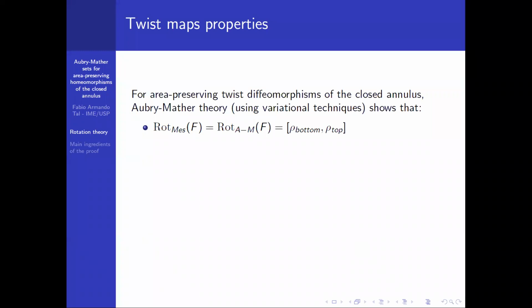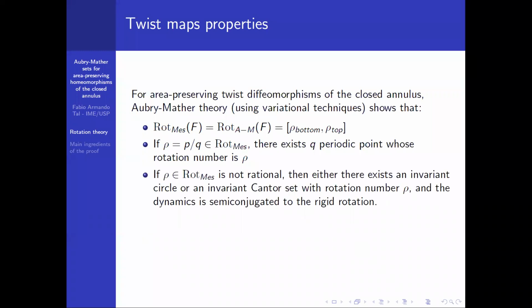The smallest rotation is the one at the bottom, the largest rotation is the one at the top. So no matter which one in between, you're going to find something that realizes this rotation. If it's a rational point, you're going to find a periodic point associated with the rational velocity. If it's not rational, then you're either going to find an invariant circle, a real circle, or you're going to find a Cantor set with this rotation number.